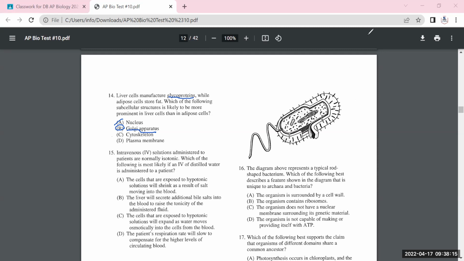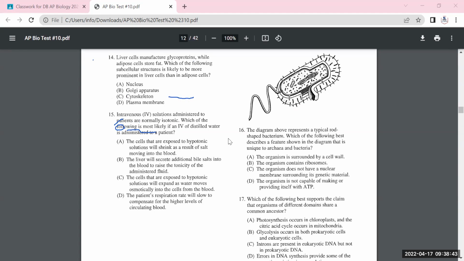Cytoskeleton, again, no reason why you should have more cytoskeleton in a liver cell compared to an adipose cell. Plasma membrane, same thing as your part C. Why would it necessarily have more? Doesn't make sense. And remember, the picture of a typical cell that you see doesn't mean you'll have one of everything.